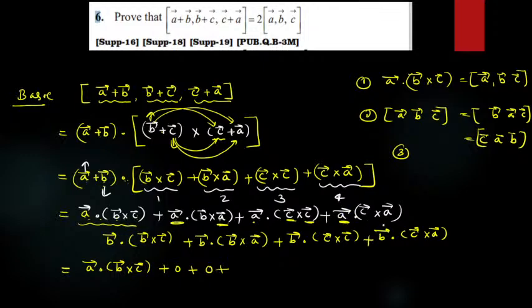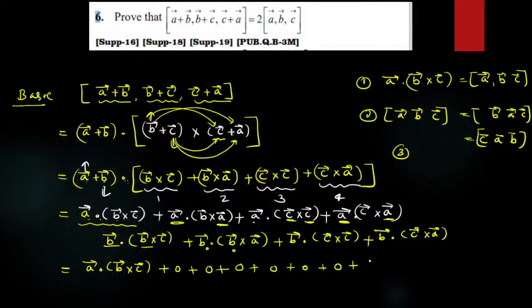In this value, here A is again repeated, 0. Here B and B is repeated, again 0. Here also same thing, B and B is again repeated, 0. Whatever the thing, if any two vectors are repeated, answer will be 0, because cross product of the same vector is always 0. Again C cross C, it is 0.